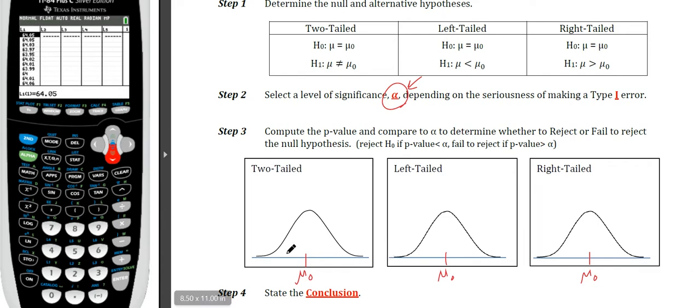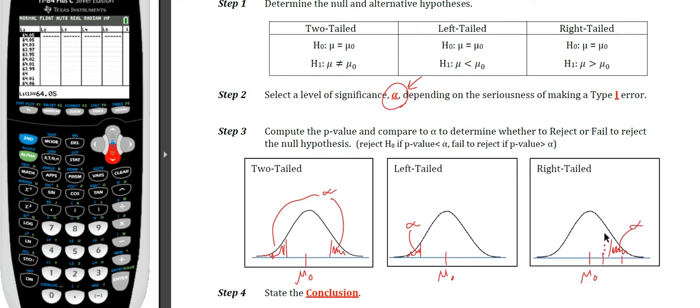If we're looking at two-tailed, that means we're checking on both sides, these both sides being alpha. If we're looking at left-tailed, that means we're looking at just the left side, that side being alpha. Or if we're on the right side, we're checking the right side, that side being alpha. And then we're going to test to see if our tested mean, x bar, is before it or after it.